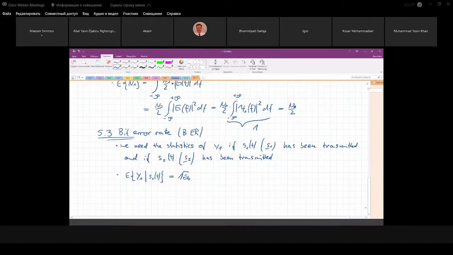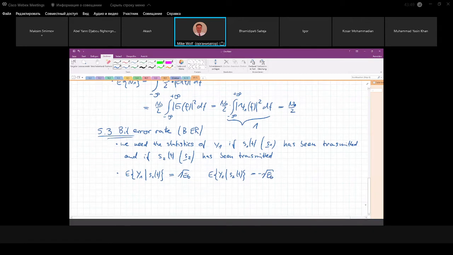The expected value of the noise is just zero, and the expected value of this decision variable y1 if S2 has been transmitted is just minus square root of E.